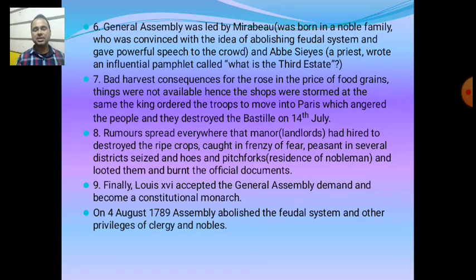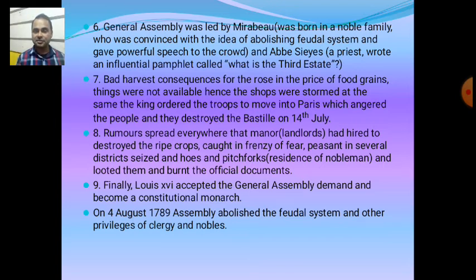Now, when France became a constitutional monarchy from absolute monarchy, then on 4th of August 1789, this General Assembly first abolished the feudal system and other privileges of the clergy and the nobles. As I told you, these nobles and the clergy were called the privileged class.